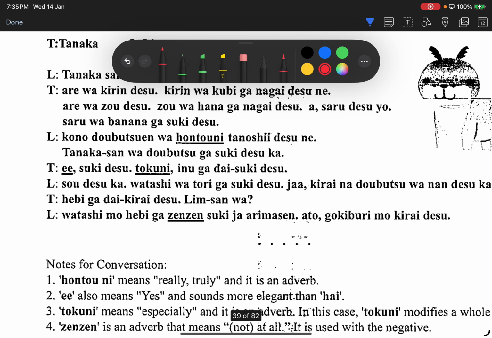L replies, この動物園は本当に楽しいですね. So 本当に simply means really, right? It means like wow, it is really enjoyable. Really, right? You're just saying like wow, very very enjoyable.